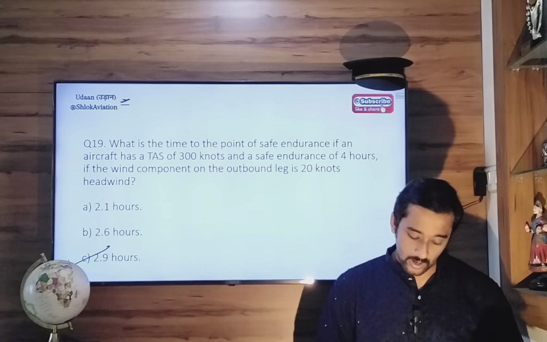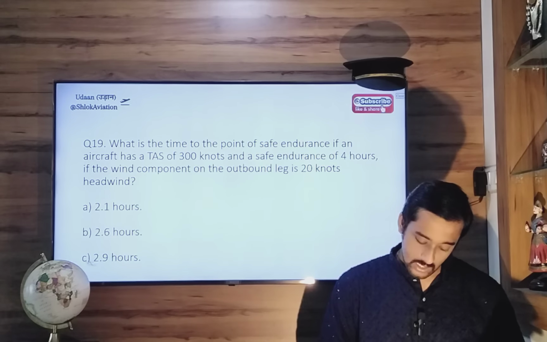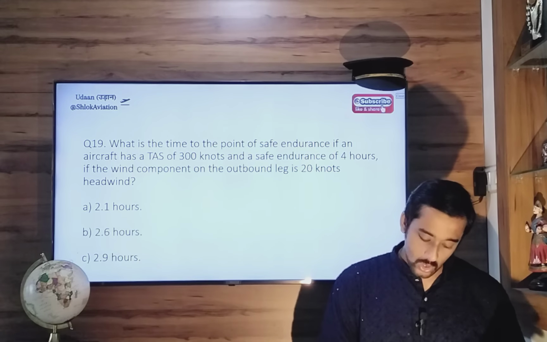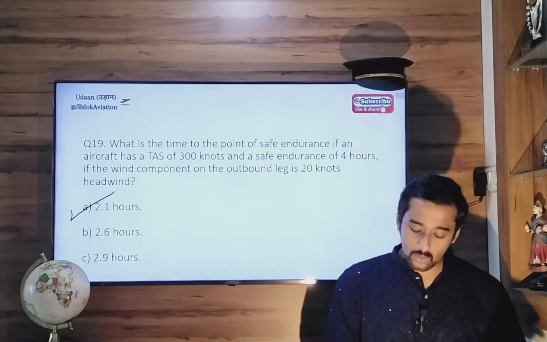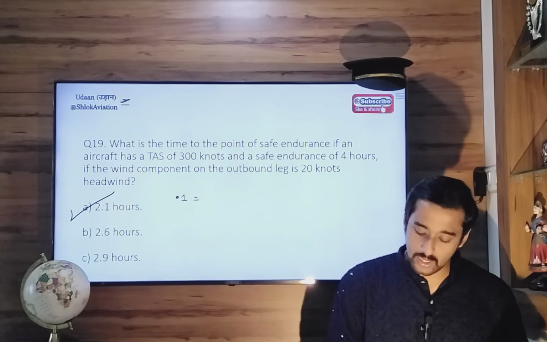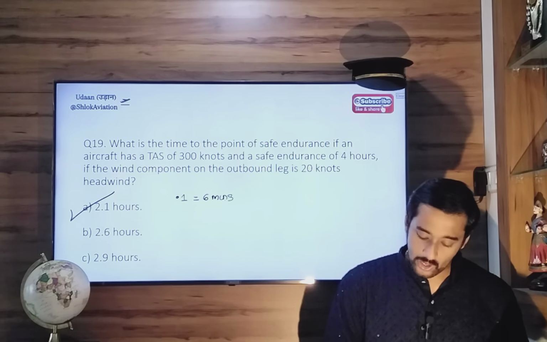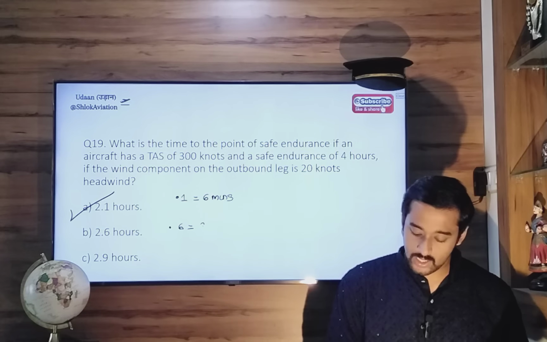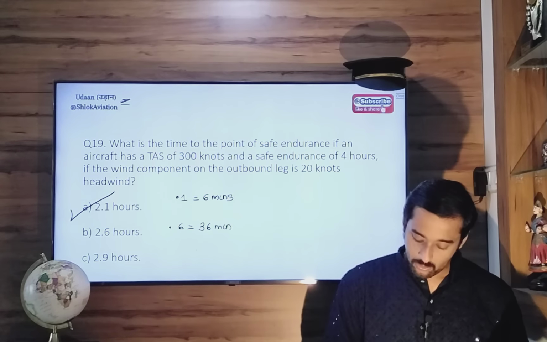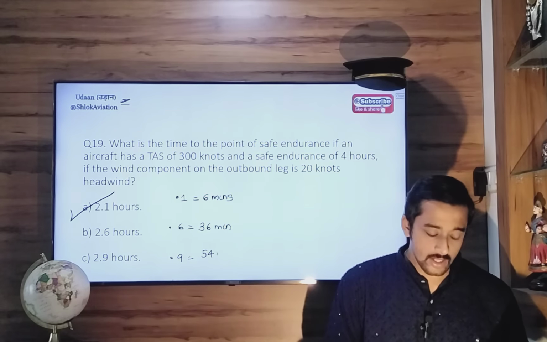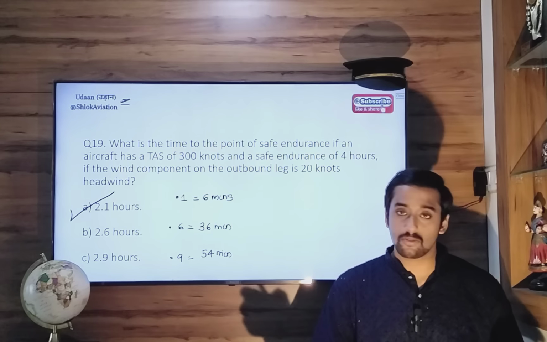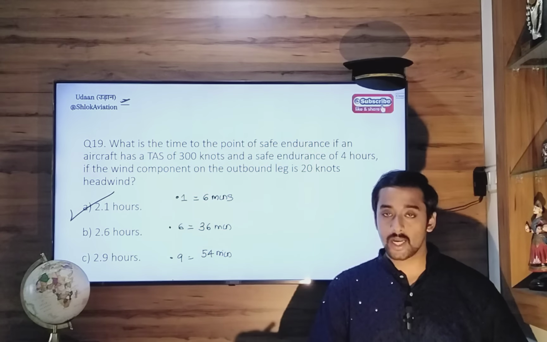Correction: 2 hours 8 minutes is equal to 2.1 hours. Point 1 equals 6 minutes. Point 6 will be equal to 36 minutes. Point 9 will be equal to 54 minutes. So the answer that I have got is 2 hours 8 minutes. So the closest option is option A, 2.1.